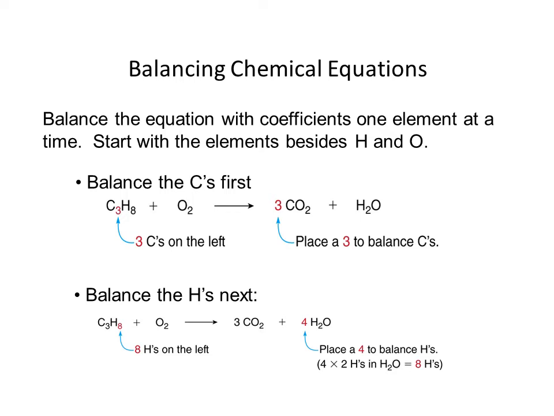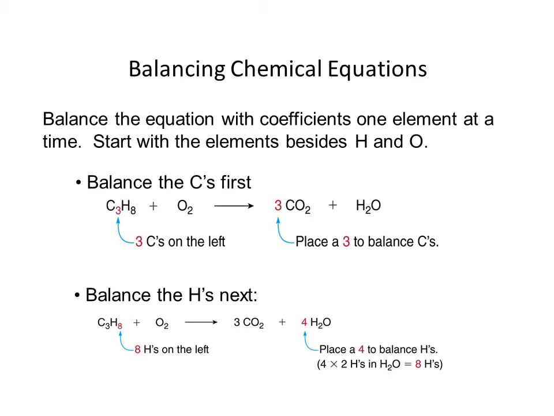To balance that reaction, what we do is we change the coefficients. We have a method of balancing reactions in which we never start with hydrogen and oxygen first, because those are the harder ones to balance. We usually start with the other elements.